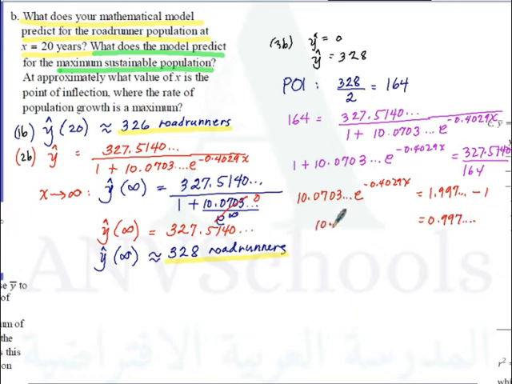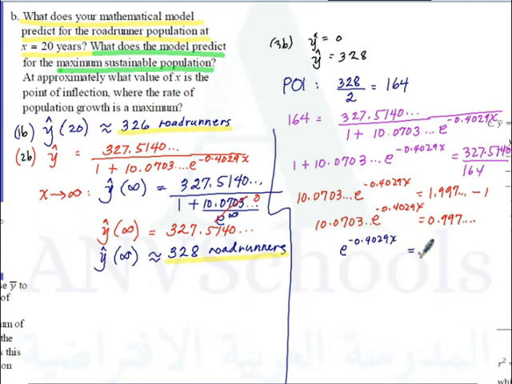And that should give us e to the negative 0.4029x equal to 0.997 divided by 10.0703.